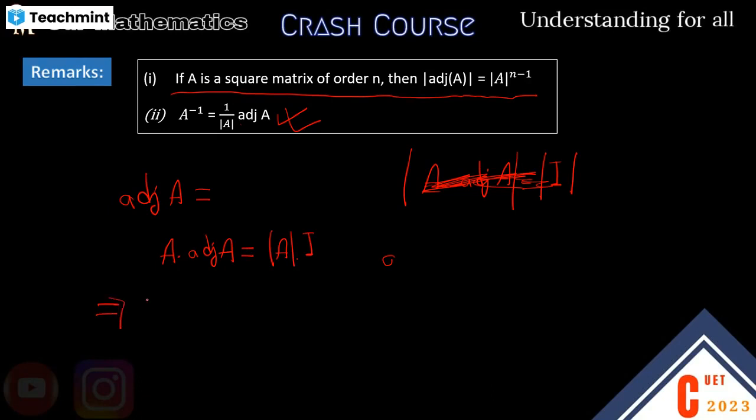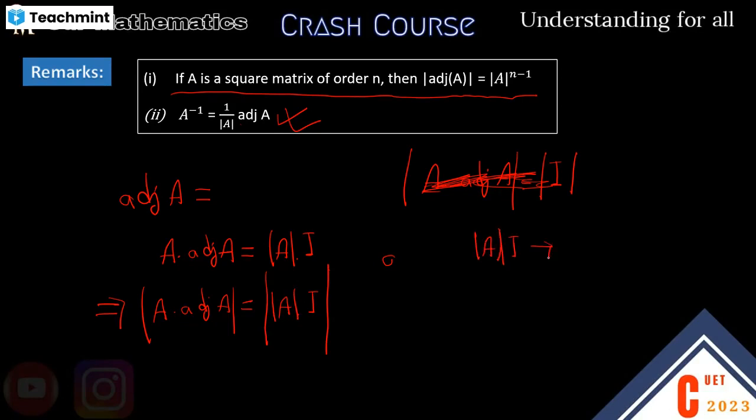That means if we apply determinant here, we get determinant of A into adjoint of A is equal to determinant of A into I.